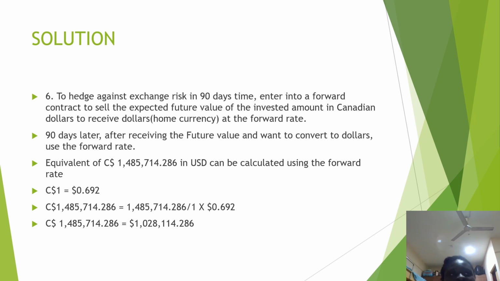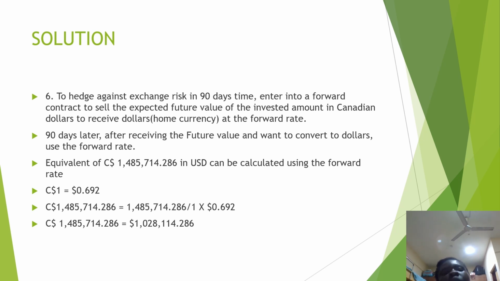So you have to convert it back to be able to benefit from the amount we got. We have to use the forward rate, right? Because as you said earlier, you enter into a forward contract, so that at the end of the 90 days, you're able to sell those Canadian dollars to someone else at the forward rate and get USD. So that if there are any exchange rate risks based on your speculation, you'll be covered. That's what covered means.